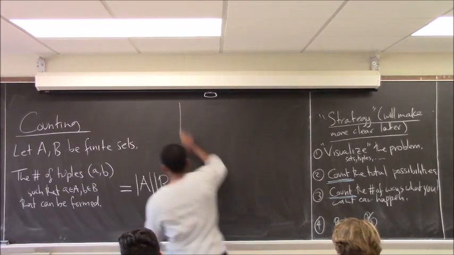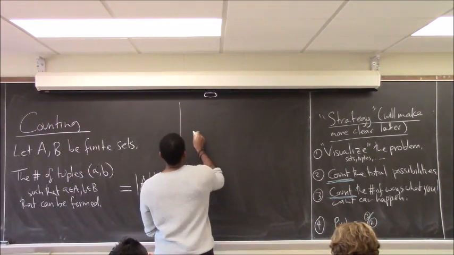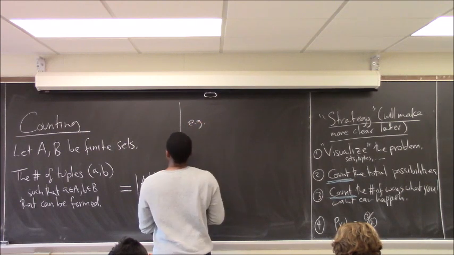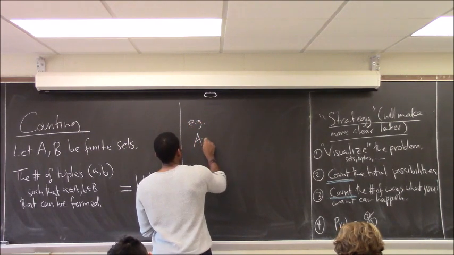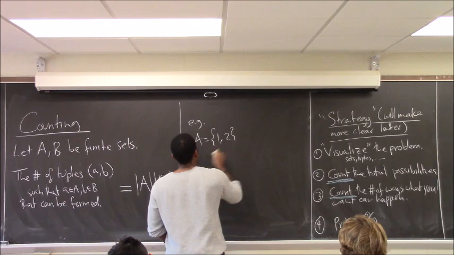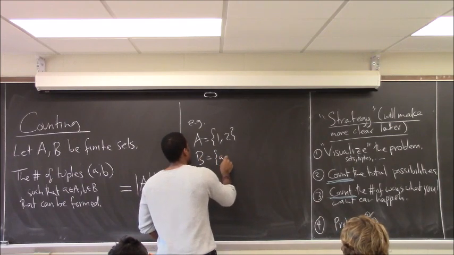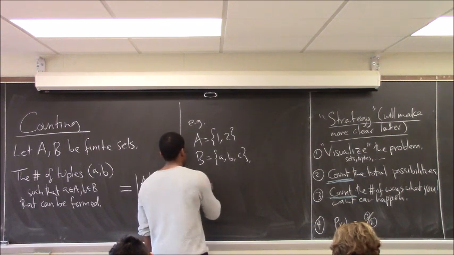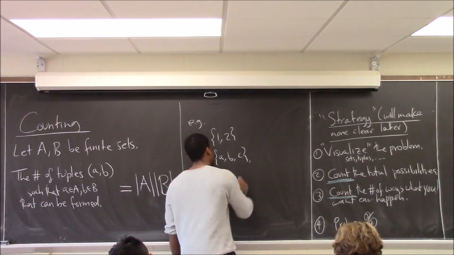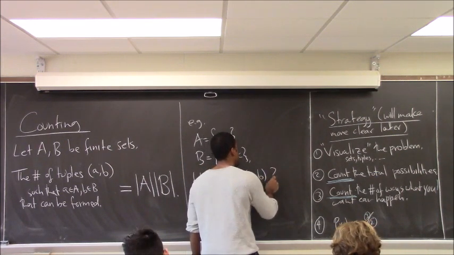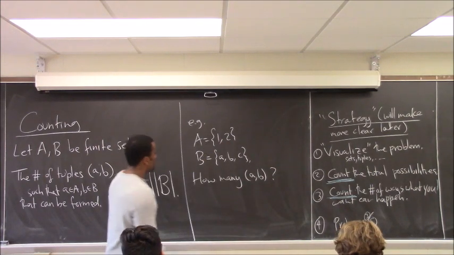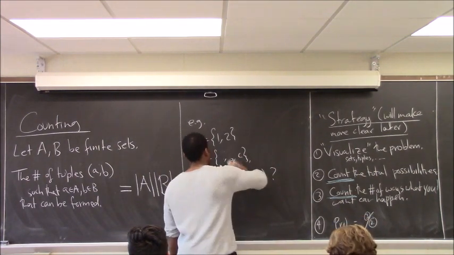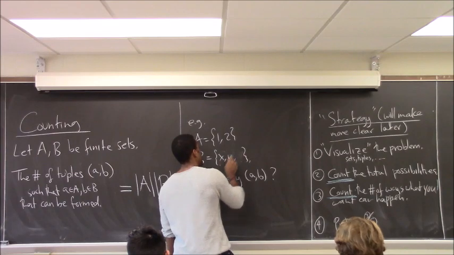So, for example, let's say A is the set {1, 2}, and B is the set {x, y, z}.